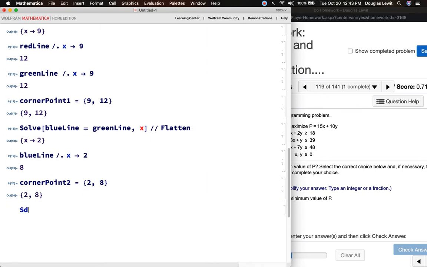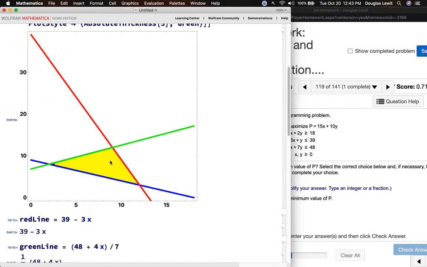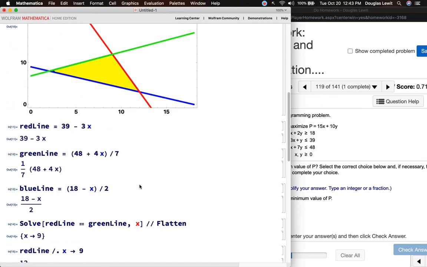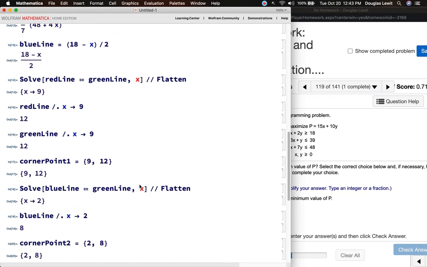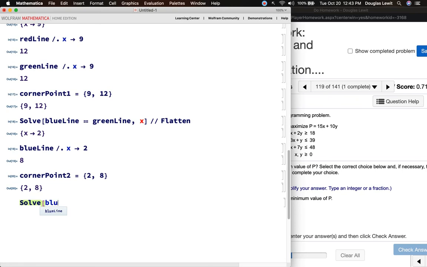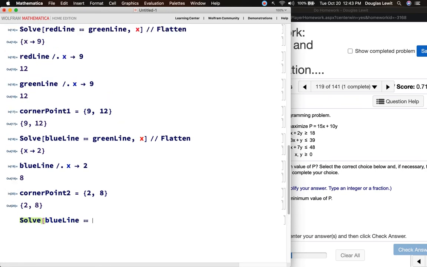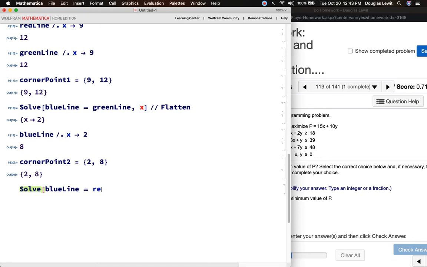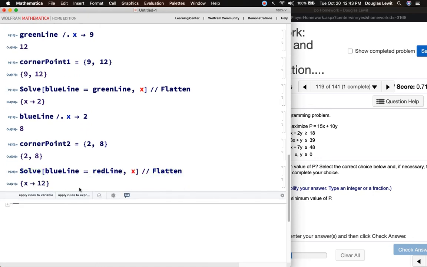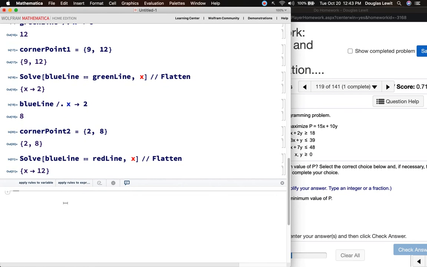And then finally, solve. Let's see, what's the intersection of the red line and the blue line, which is this point? Okay, so blue line and red line. X is going to be equal to 12.